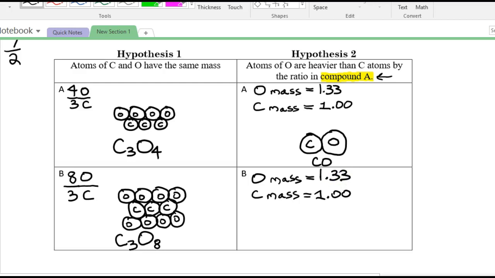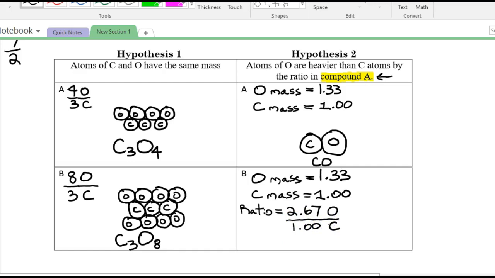But wait a second. Oxygen and carbon, we're keeping the masses of the atoms the same, and yet when we actually did the ratio, we said we got a ratio of 2.67. Hey, I have an idea though. If the ratio is 2.67, that would mean 2.67 oxygen and 1 carbon.